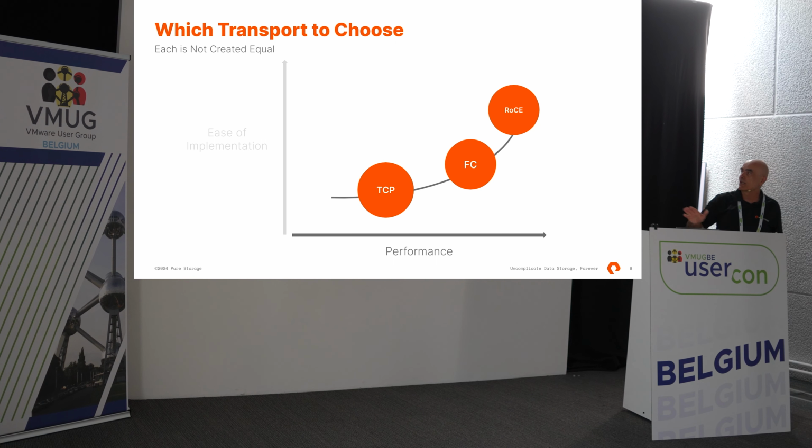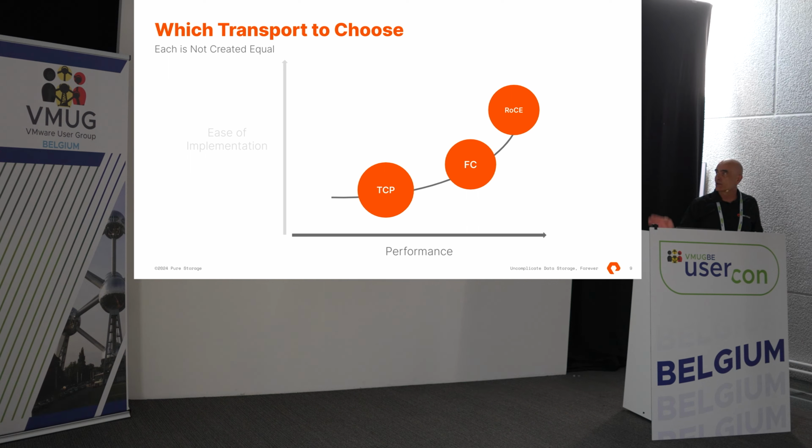So it depends on what kind of performance you want for your application, and then you have to invest accordingly to get the minimum latency and the maximum throughput available. In between the two lies the Fibre Channel protocol, which doesn't require too much effort to implement and provides a mid-range gain with respect to what you can get between TCP and RoCE.